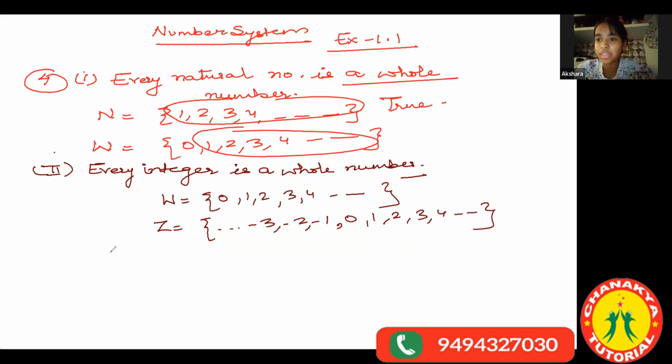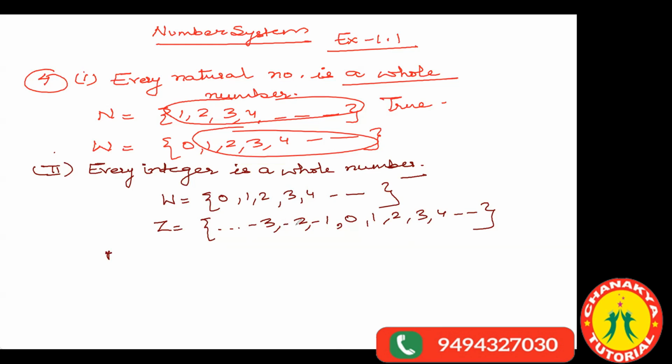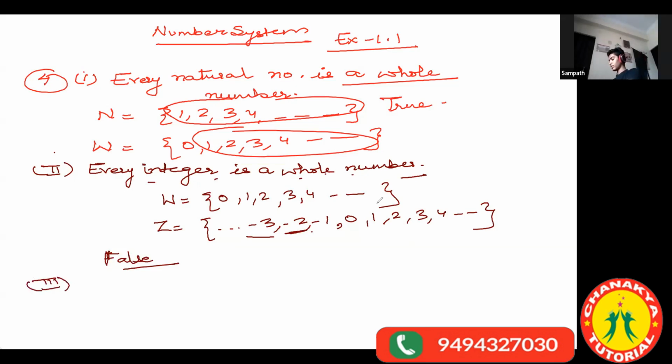Ma'am, because it's minus, so we can say it is not. It is false, right? It is not true because every integer can't be a whole number, because in integers, negative numbers are also there. Okay, children? Have you understood, all of you? Yes, ma'am.